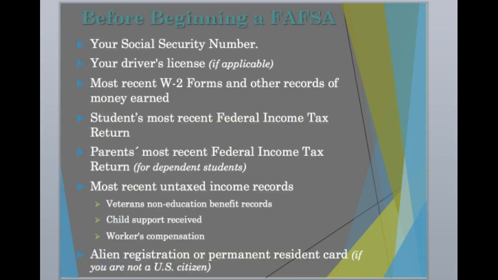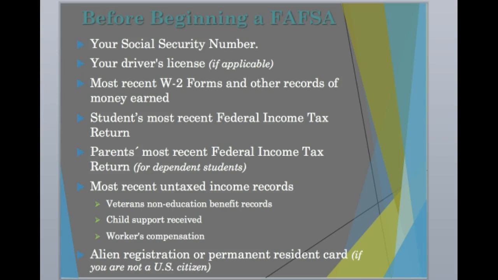So before you start your FAFSA, it is really important that you gather all of your documents: your social security number, both parents and students, driver's license, student and parents as well, recent W-2 forms and other records of money earned, that's for parents and students, your student's most recent federal tax return, if they filed one, and the parent's most recent federal income tax return, if you filed one.